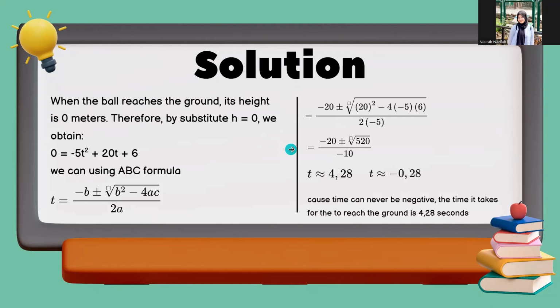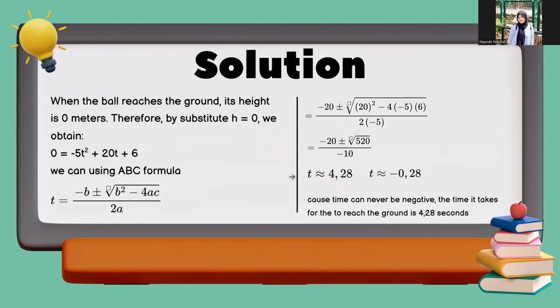So we get t equals negative 20 plus or minus the square root of 520, all over negative 10.